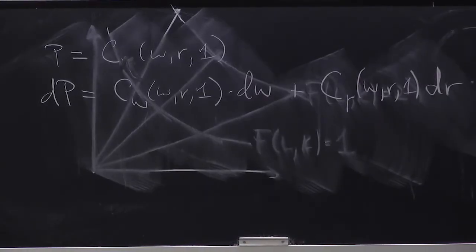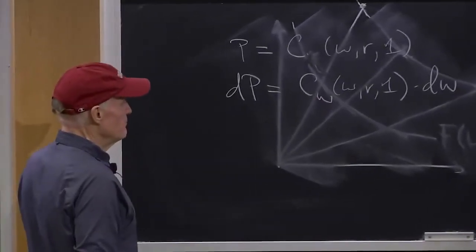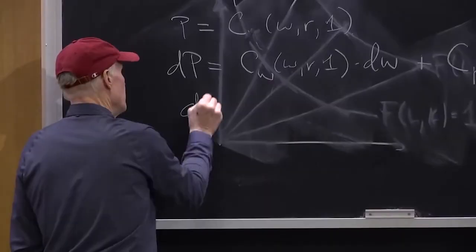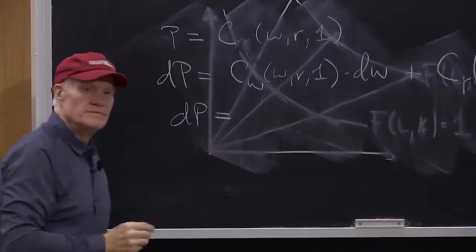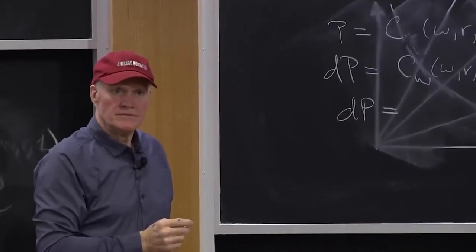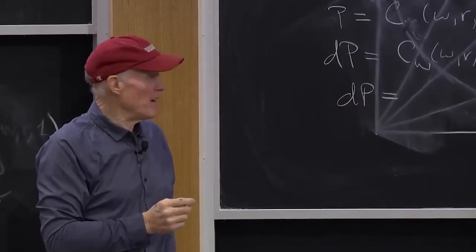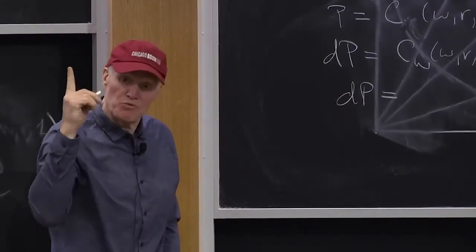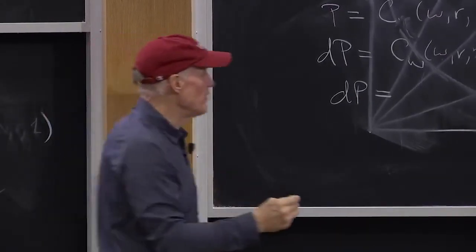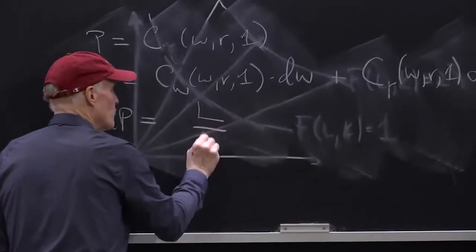All right? So, what's C_W of W, R, and 1? That's the amount of labor you use to produce 1 unit of output. Because we have constant returns to scale, that's just L over Y, right?